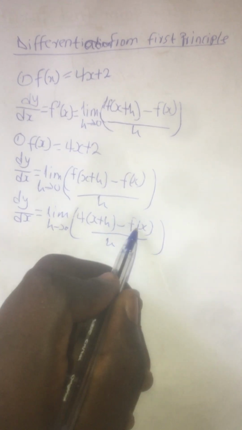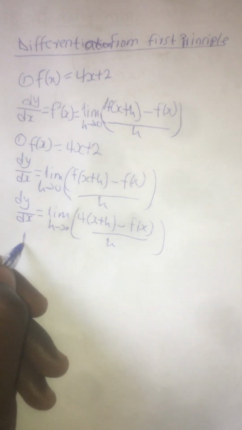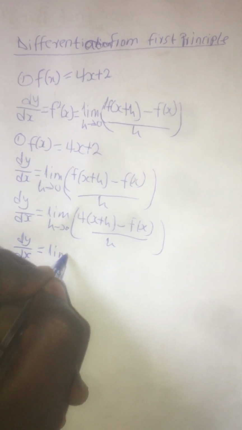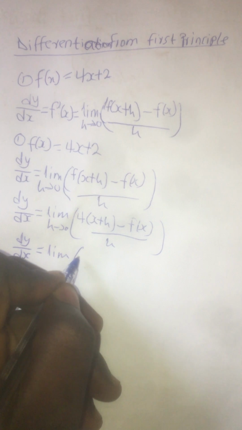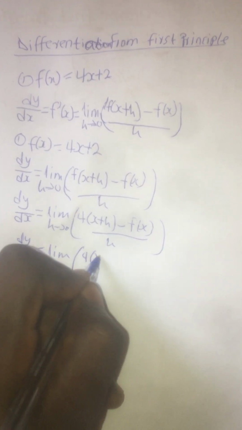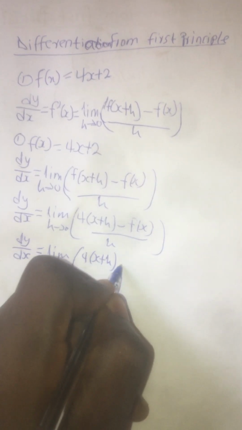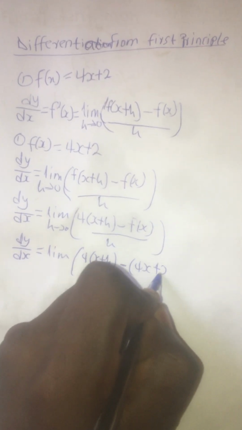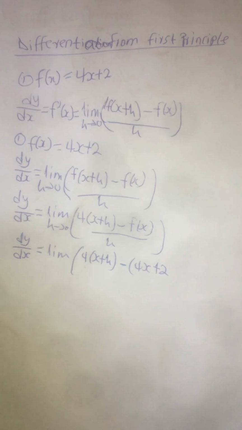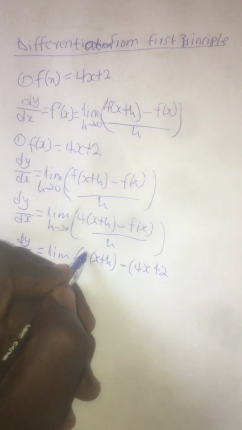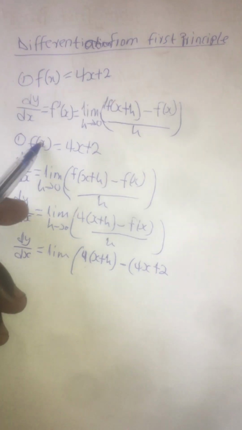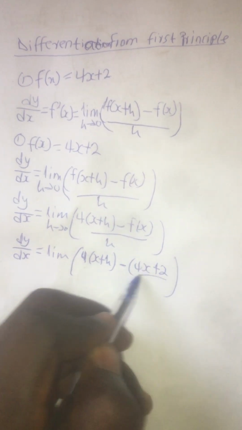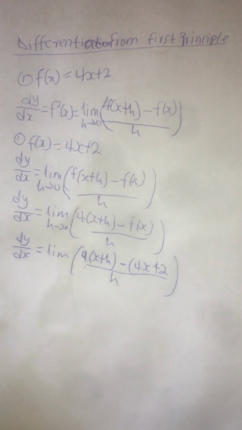But remember, f of x is the function, so we have to bring it in. So dy over dx will be equal to the limit of 4 bracket x plus h minus bracket 4x plus 2, all divided by h. The reason being that f of x is equal to 4x plus 2.